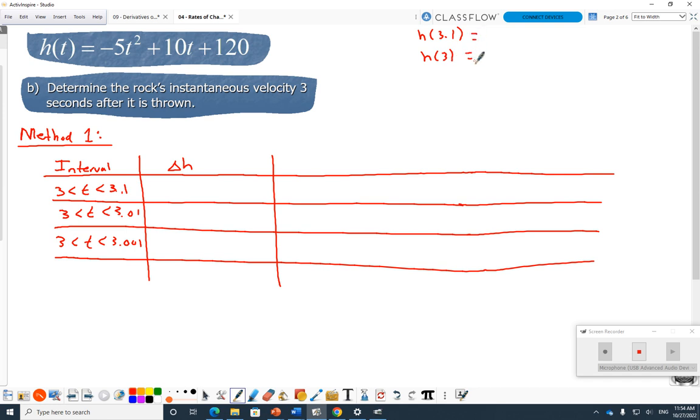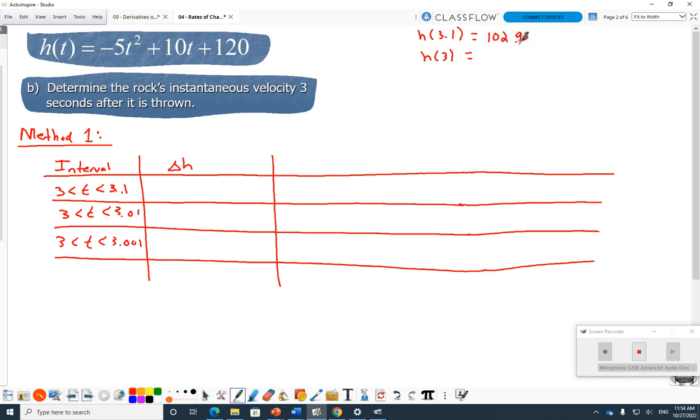So I'll just punch that in my calculator. Oh, I've still got it on my screen. Negative 5 times 3.1 squared plus 10 times 3.1 plus 120, and I get 102.95.